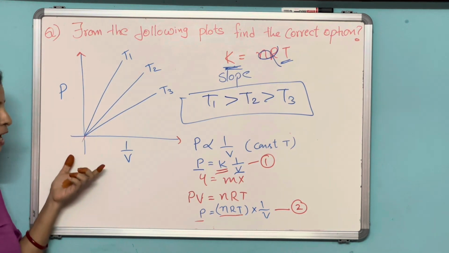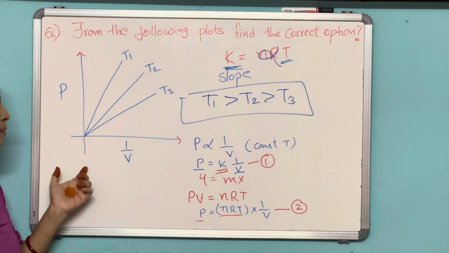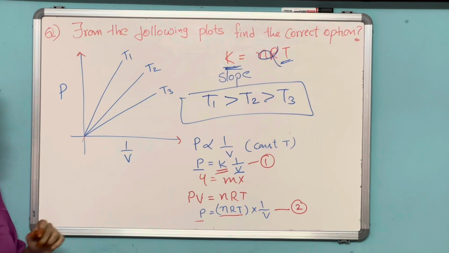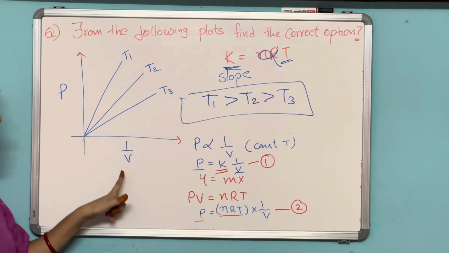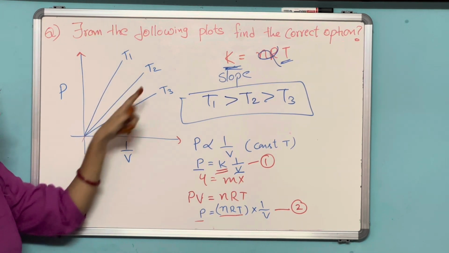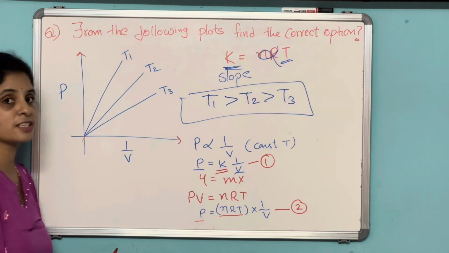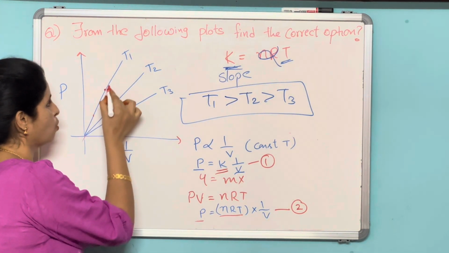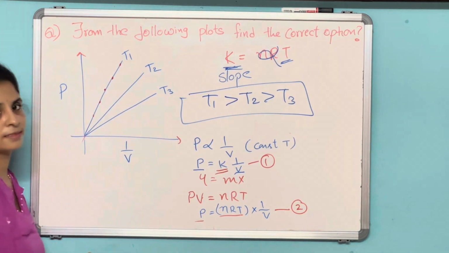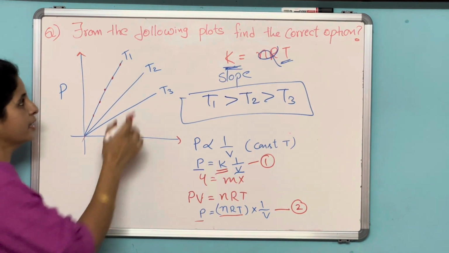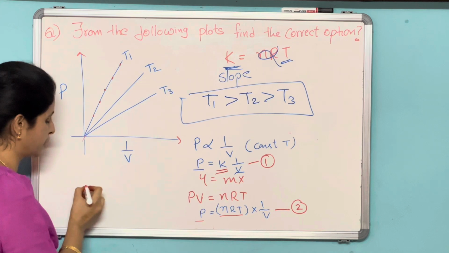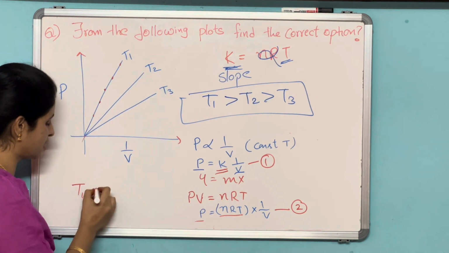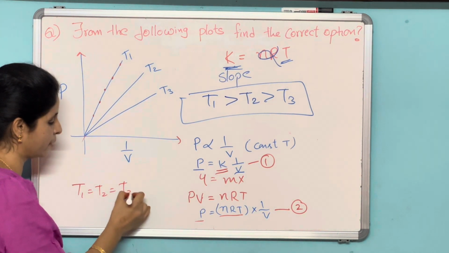First you have to look for the variables. What are the variables on the x and y axis? Here it is the pressure and volume relationship at a constant temperature. You have to remember that constant temperature means the temperature is constant throughout the line. Many of you think that T1 is equal to T2 is equal to T3 will be the right answer.